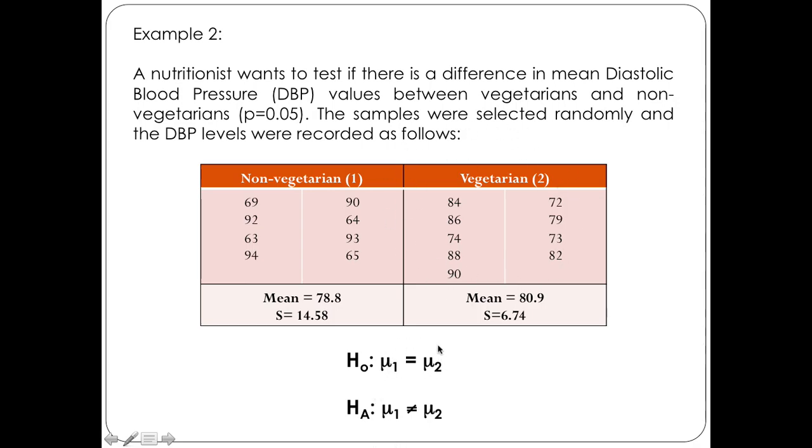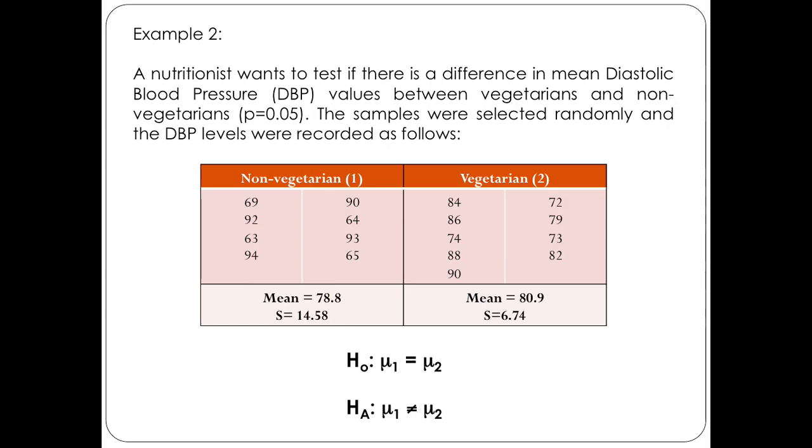Whereas for your alternative hypothesis, because this is non-directional, the DBP value of non-vegetarians will not be the same as the DBP level of vegetarians. So it's not the same, not equal. So these will be your null hypothesis and the alternative hypothesis.